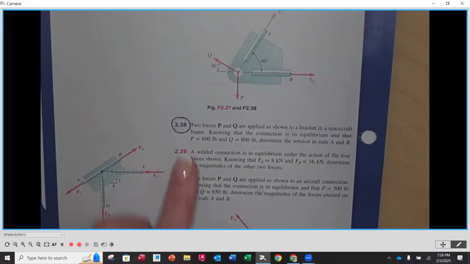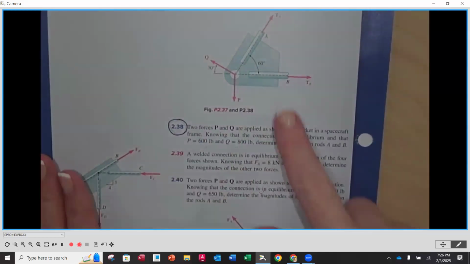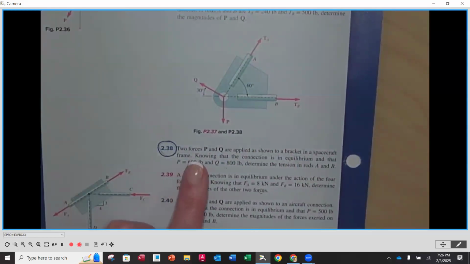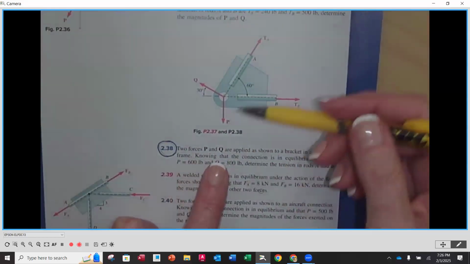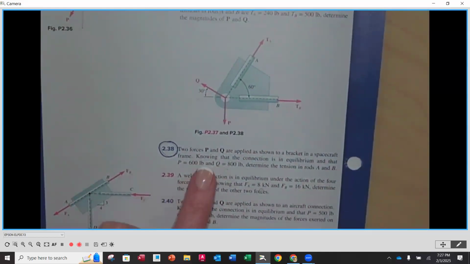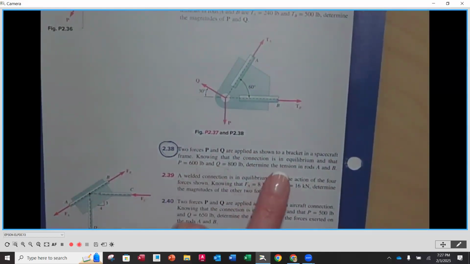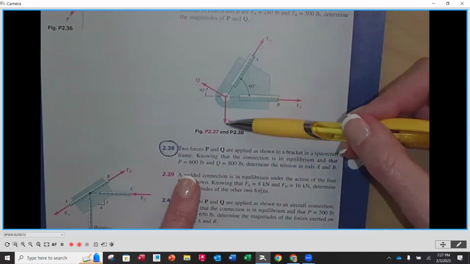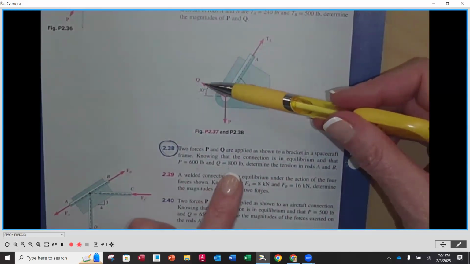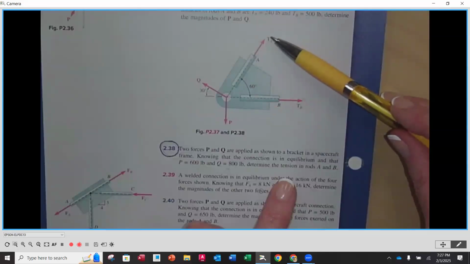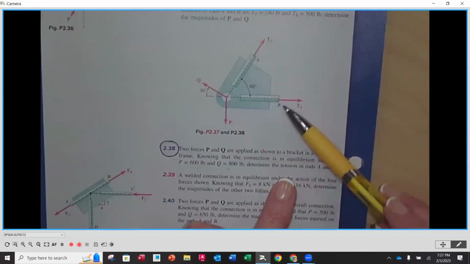So number 38, that's looking at this illustration just above, says we have forces P and Q applied as shown on the bracket. Knowing that the connection is in equilibrium, sum of the forces in the X equals 0, sum of the forces in the Y equals 0, and that P is equal to 600 and Q is equal to 800, determine the tensions in rods A and B, and they're showing you that.